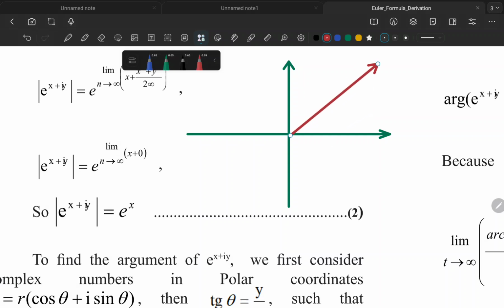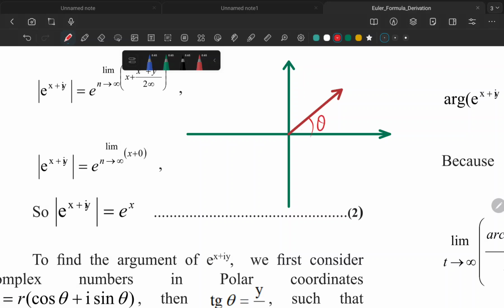We have successfully evaluated what the modulus is, and this is just e to the x, and we are not going to talk about this in this section. But we are talking about the argument.